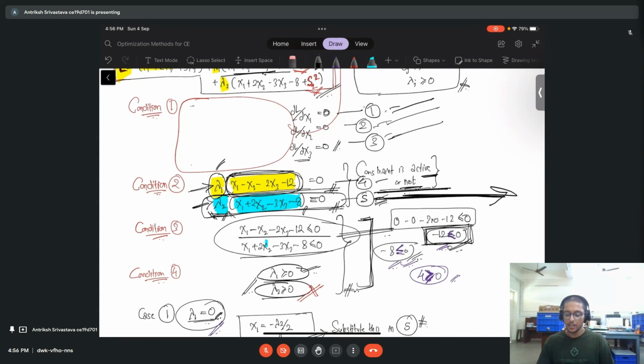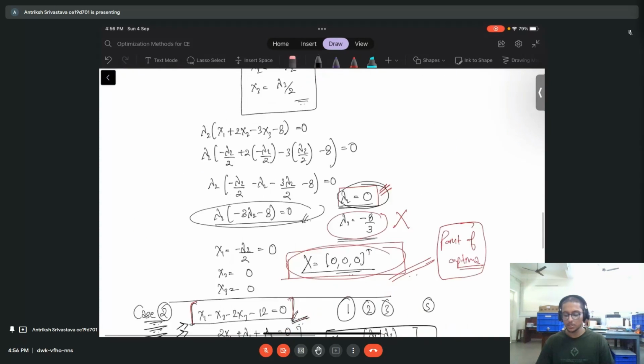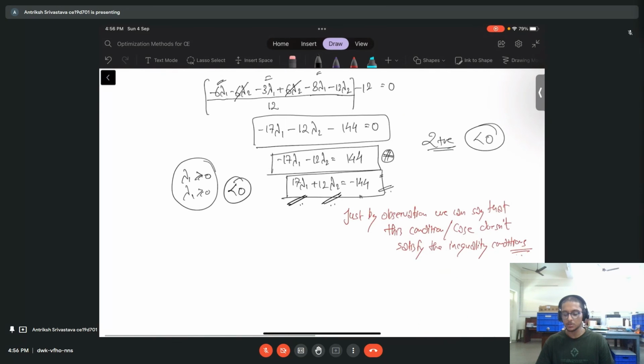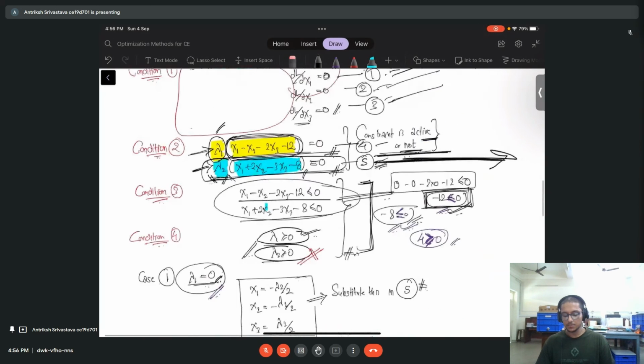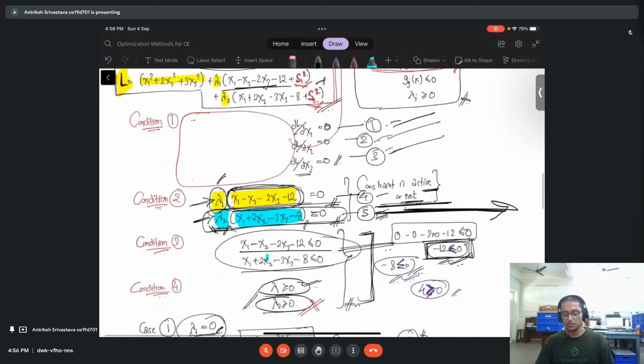So we have already incorporated this equation in our case 1, and in case 2 we could have incorporated it and solved for lambda 1 and lambda 2, but we found there is no need to solve. The logic is we are already using this equation without making any assumptions, so the answer we would get by solving this is already incorporated into our case 1 and case 2. So we don't need any further assumptions.